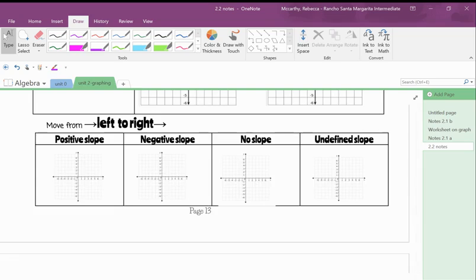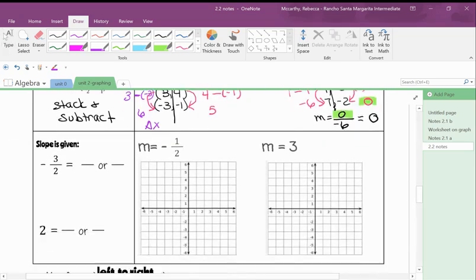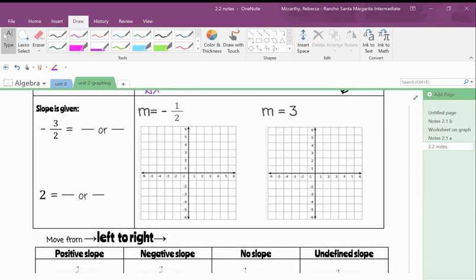So now let's look at this one. Is that all I have? Oh, yay. Okay, so now let's look at this one. I have a slope of -3 over 2. So when I see this, my negative could be on top and my positive is on the bottom, or I could write it as 3 over -2.